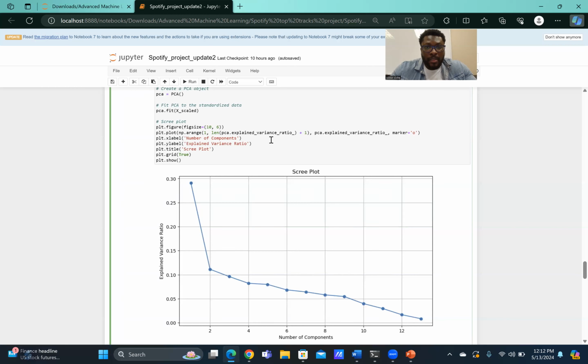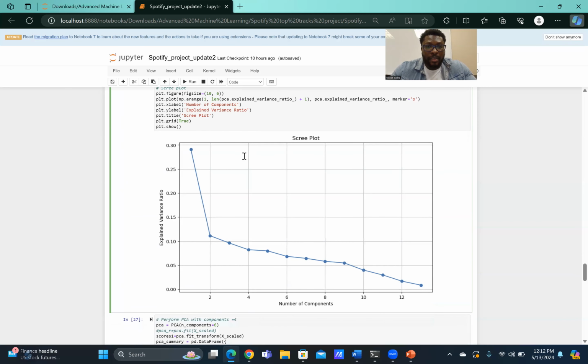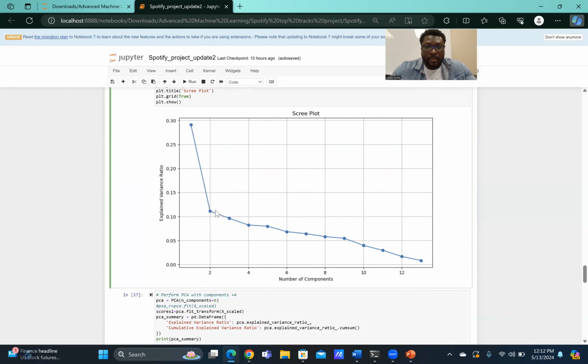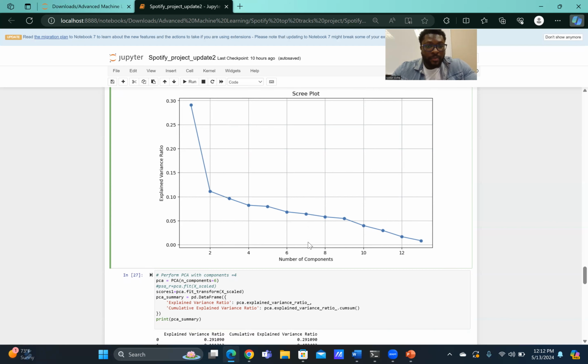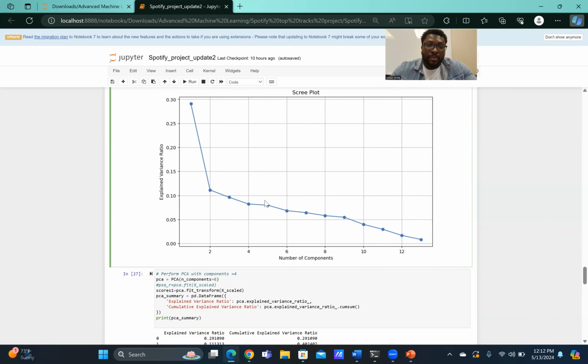Do a scree plot. Now, this data looks a bit funny. There are several places where we can pick an elbow, but when it comes down to it, what I usually do is pick a point that explains as much of the data as possible.